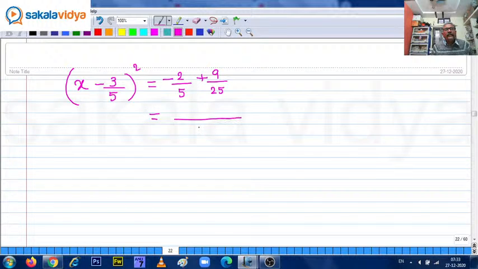Now the 25 is the LCM. 25 divided by 5 is 5. 5 into negative 2 is negative 10, plus 9.